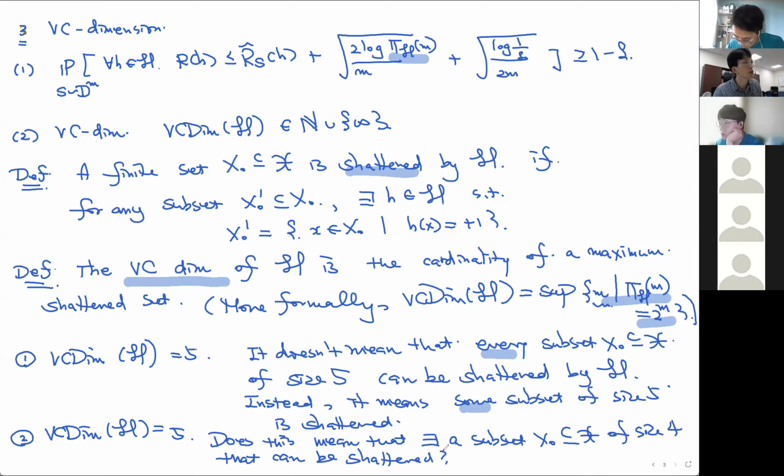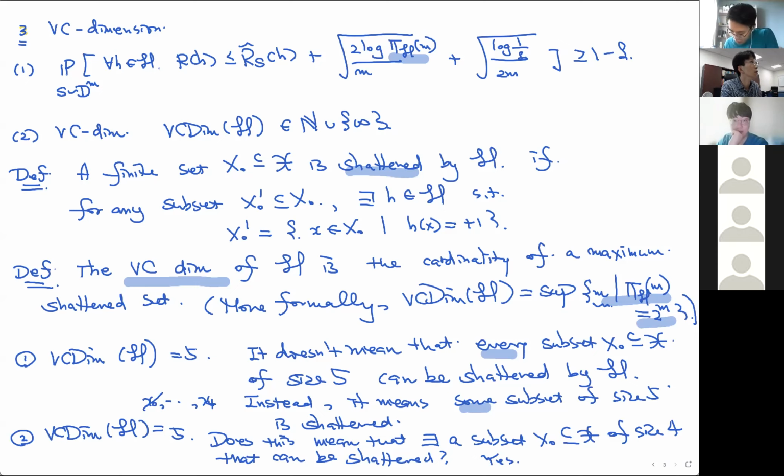In other words, VC dimension is defined by the maximum. For any number smaller than the VC dimension, can we find some subset that can also be shattered? The answer is yes. That's because if the VC dimension is 5, you just pick some subset of size 5, x0 to x4. If you kick out one element there, that gives us a subset of size 4 that can also be shattered. So the answer is yes.